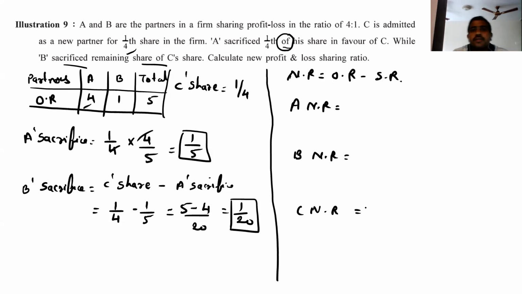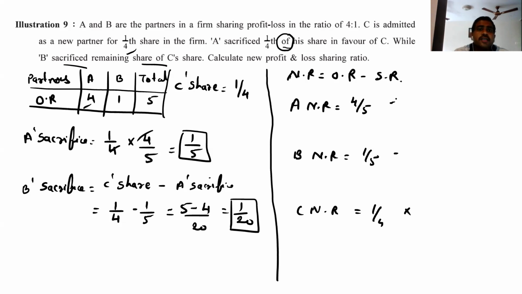A, B and C. So what is A's old ratio? 4/5. What is B's old ratio? 1/5. And what is the C share decided? That is 1/4.